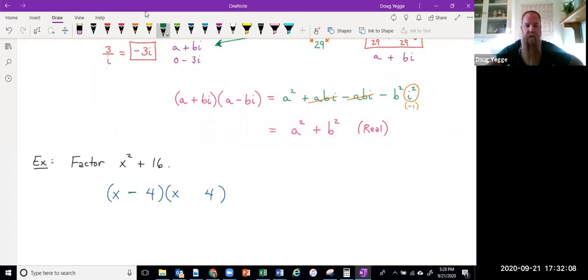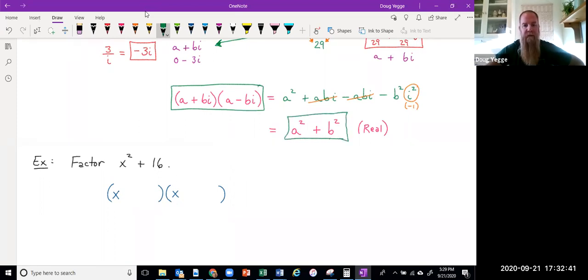So then I think, well, in order to get a negative or a positive 16, I need -4 times -4. But that wouldn't work either, because that would give me a -4x minus 4x, or -8x in the middle. So in algebra, we just said we weren't able to factor this, but now we can, because we know that if I have a squared plus b squared, that does factor into a plus bi times a minus bi.